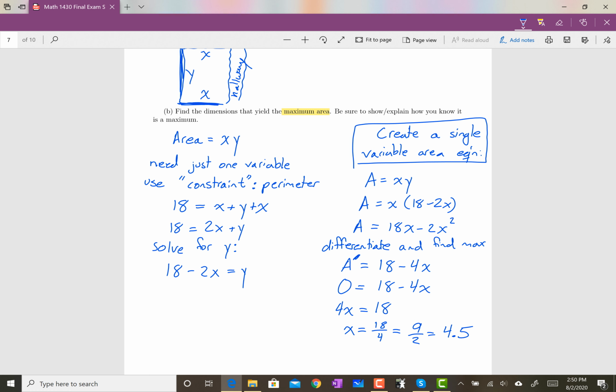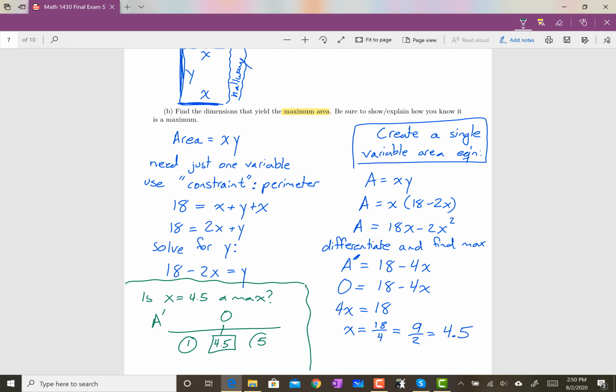Now we have to show that this is a maximum. I'm going to do that off to the side in green. Is x equals 4.5 a max? We can create a number line. 4.5 is our critical number, where the derivative is 0. Let's choose some test values: 1, which is less than 4.5, and 5, which is bigger.